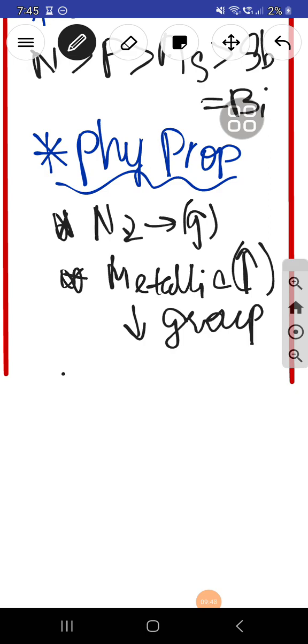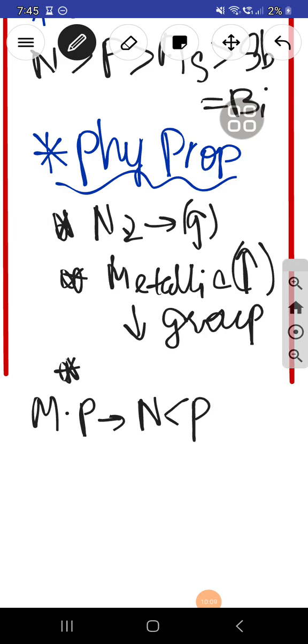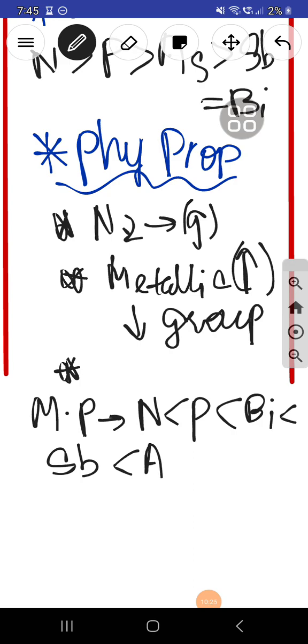Next important thing is its melting point and boiling point. Its melting point order is nitrogen, phosphorus, bismuth, antimony, arsenic.